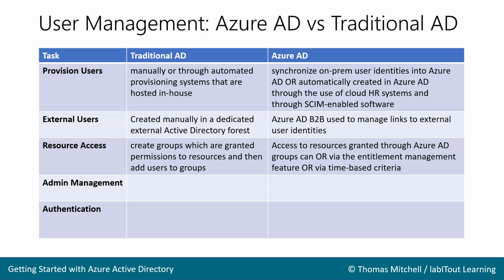Now, when it comes to admin management, organizations using an on-prem Active Directory will often leverage domains, OUs, and groups to delegate those admin privileges for those who need to manage Active Directory and the resources it controls access to.